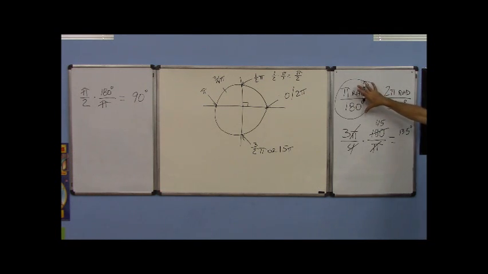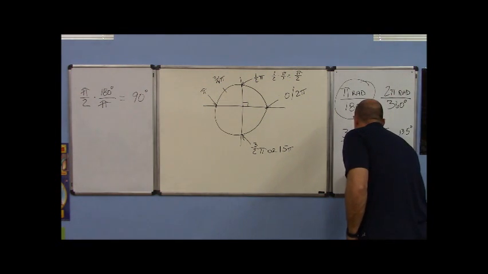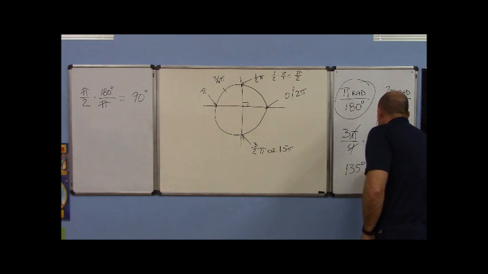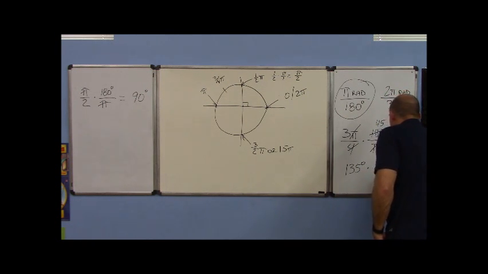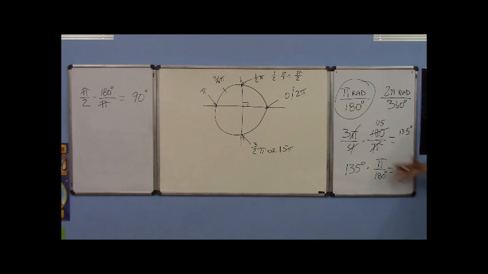Use this, make sure that it can cancel each other out. And you can even go back and forth. If you started off with 135 degrees, times pi over 180 degrees, then whatever you're left with will be with pi, which is actually 3 over 4 pi. So that's how you can translate degrees into radians and radians back into degrees.